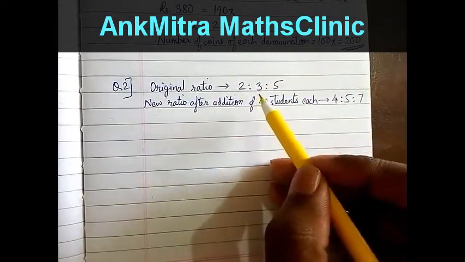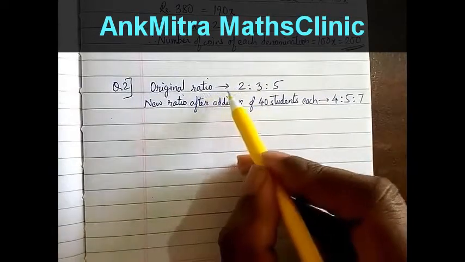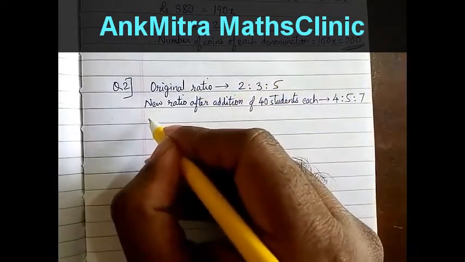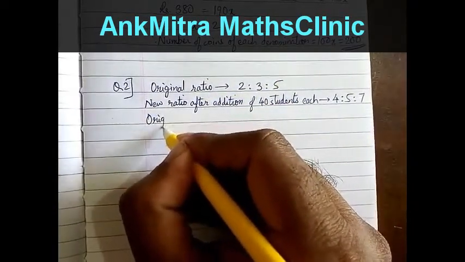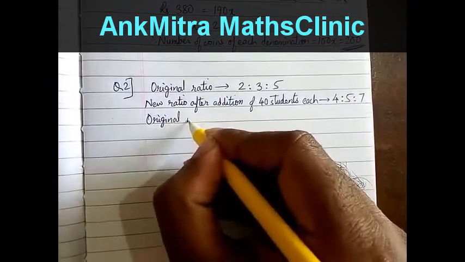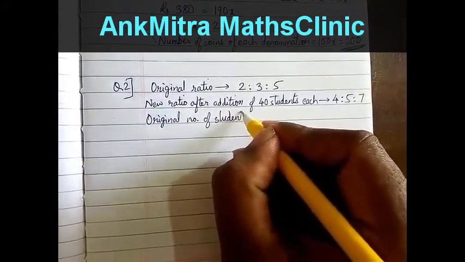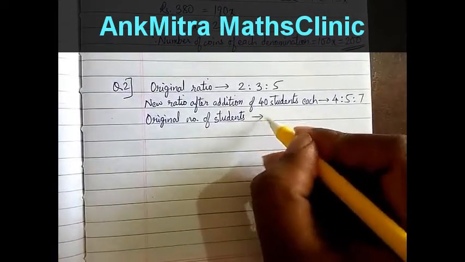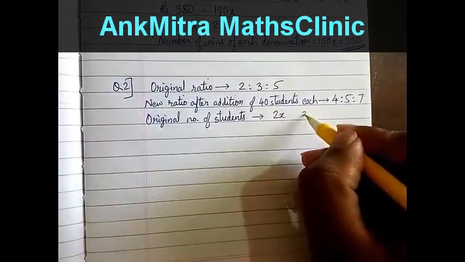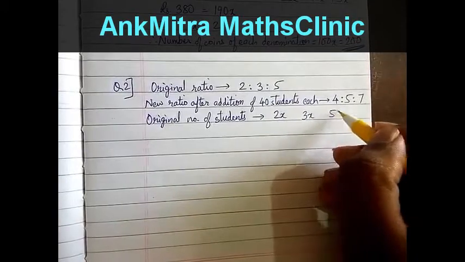Using x as the common multiplier, the original number of students in the 3 classes will be 2x, 3x and 5x.